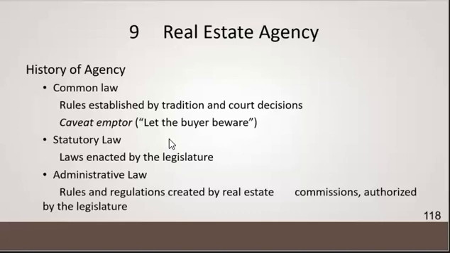What we are going to talk about today is the law of agency. And occasionally you will hear it called the common law of agency because it does change. We had a huge major change in the 80s. Buyer's agents, there was no such thing as a buyer's agent.